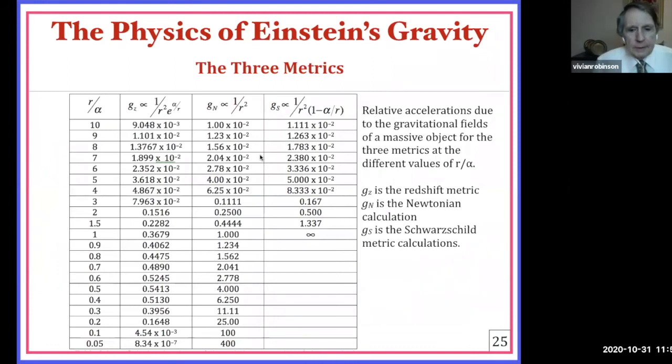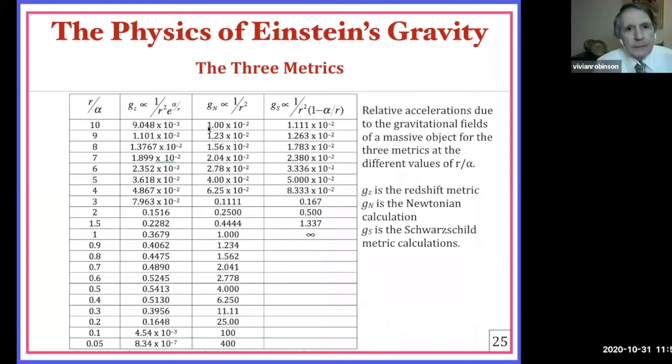This slide shows the calculated relative acceleration due to gravity for these different values of r over alpha. This redshift metric refers to accelerations due to gravity under the redshift metric. In all of these cases, to get from this value to the actual accelerations, you have to multiply by big G m.